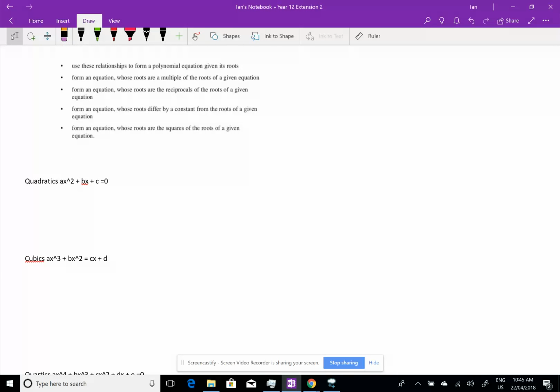So we already know that in a quadratic, if we let the roots be alpha and beta, well, we can then write that as x minus alpha, x minus beta.